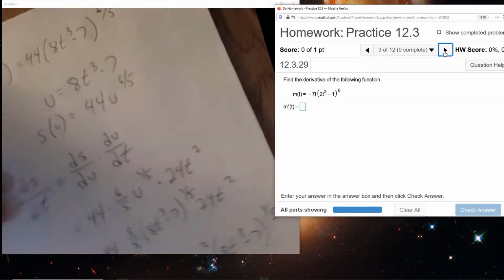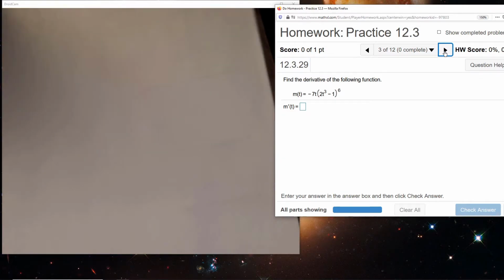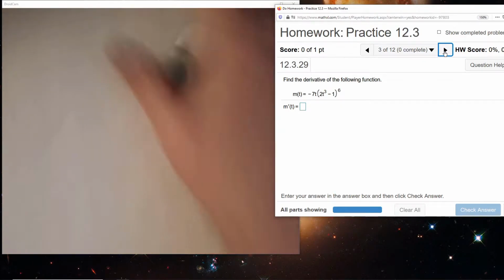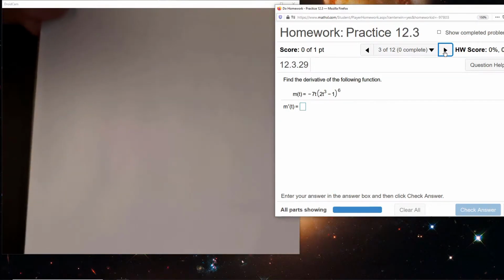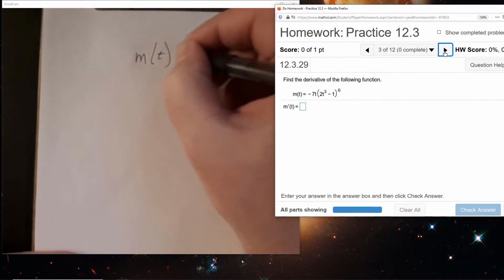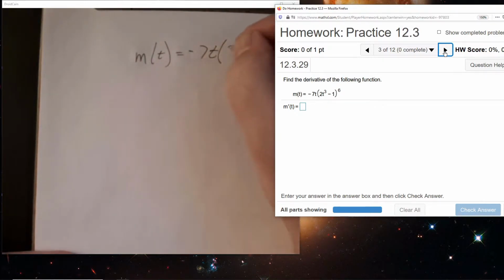So now they're giving us m of t, so they're going to mix up the letters here to challenge you to make sure that you're understanding the chain rule correctly, so it's not just terms of f and x. So now we have m of t. We have a minus 7t.